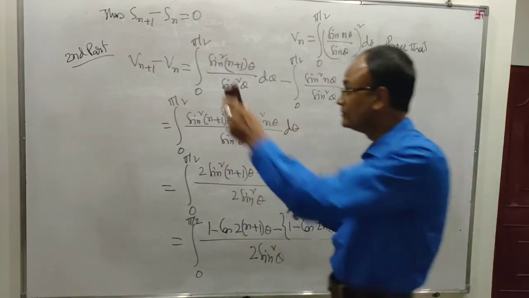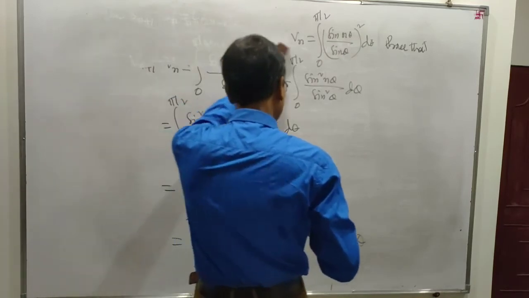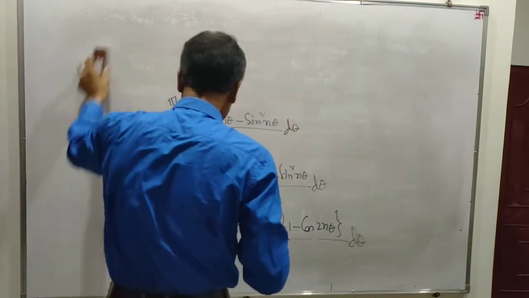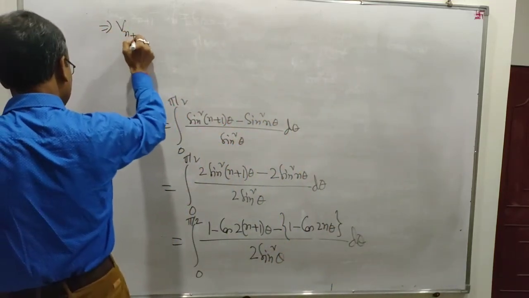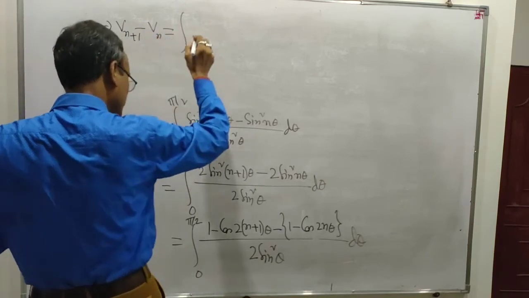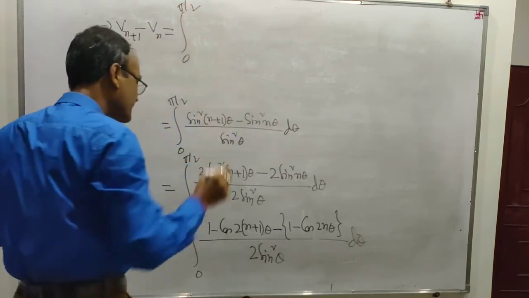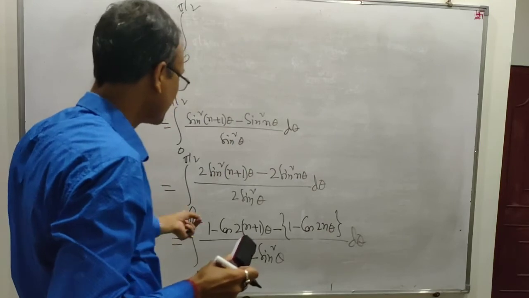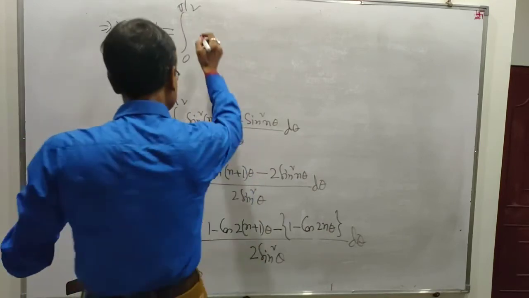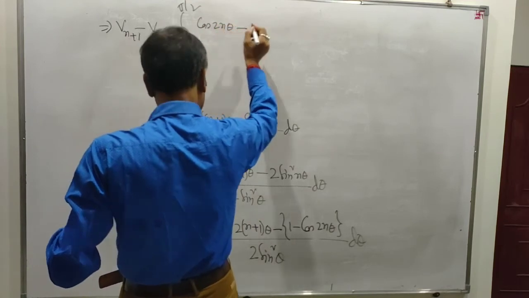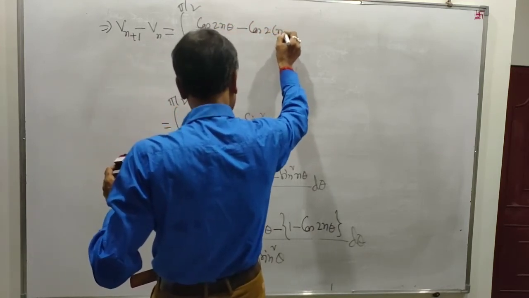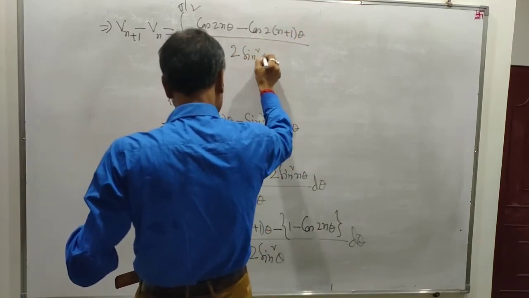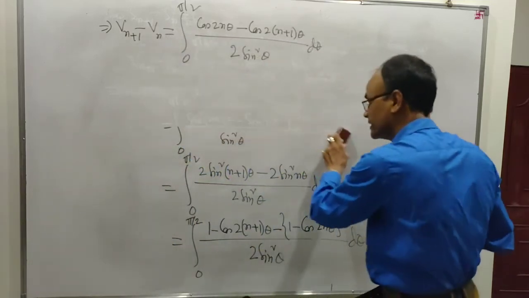Right? This means Pn+1 minus Pn equals the integral from 0 to pi by 2, plus 1 minus 1 will be cancelled, of cos 2n theta minus cos 2(n+1)theta divided by 2 times sine square theta d theta. You may write like this.